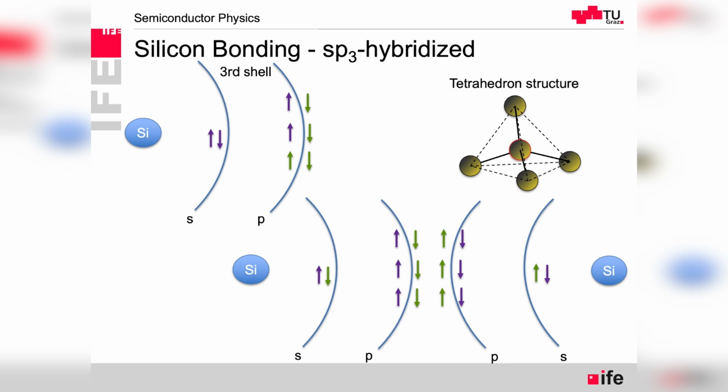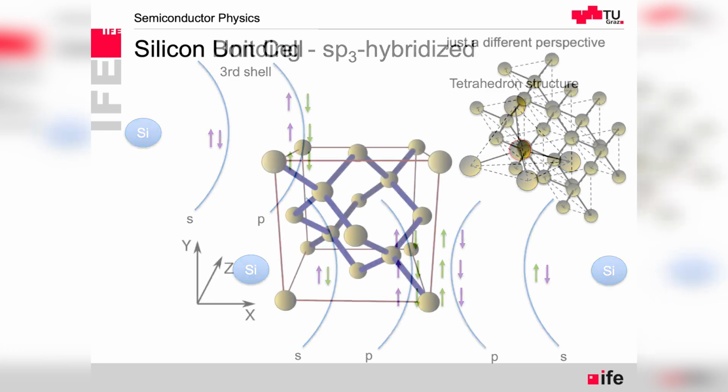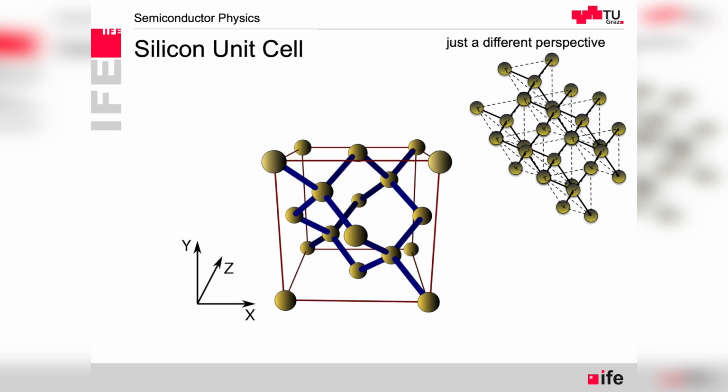So in fact, the atom has S and P3. And that's why it's sp3. So when we rotate this structure slightly, we can identify in this silicon structure the unit cell, and that is the unit cell that forms the crystal from silicon atoms.